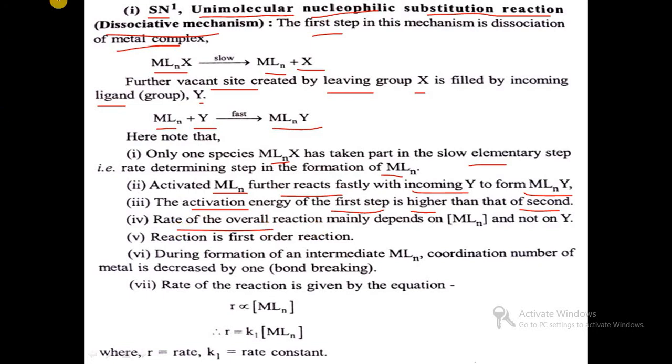The rate of the overall reaction mainly depends on MLnX concentration and not on the concentration of Y, so the reaction is first order. During formation of the intermediate MLn, the coordination number of the metal decreases by 1. In a dissociative mechanism, bond breaking is important, and the rate depends only on the concentration of the reactant.